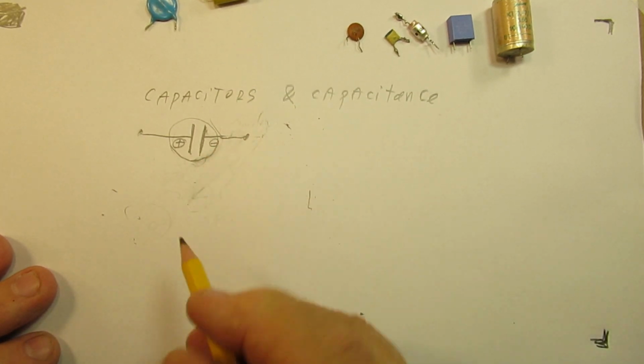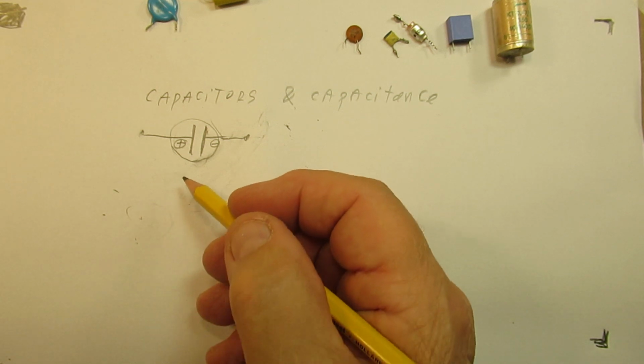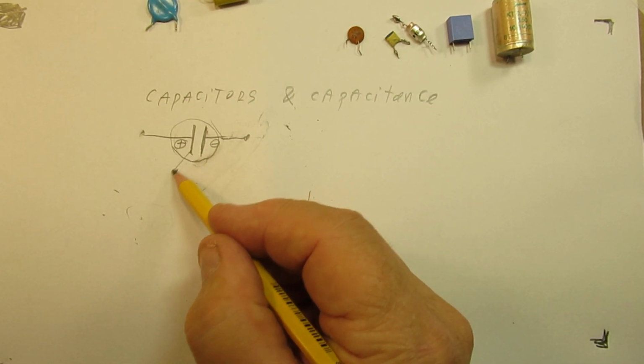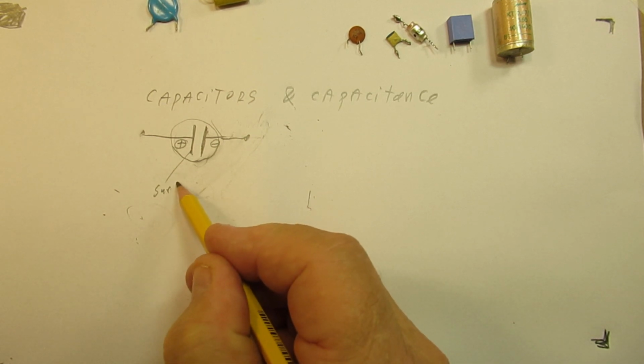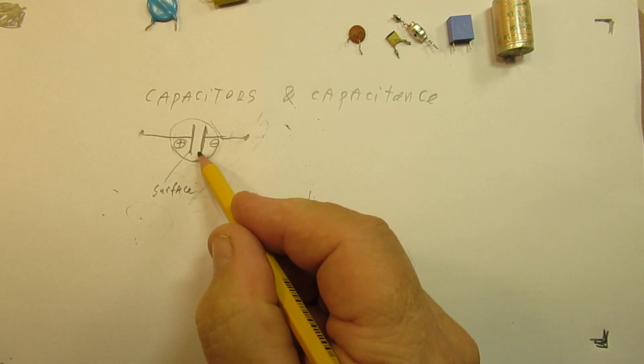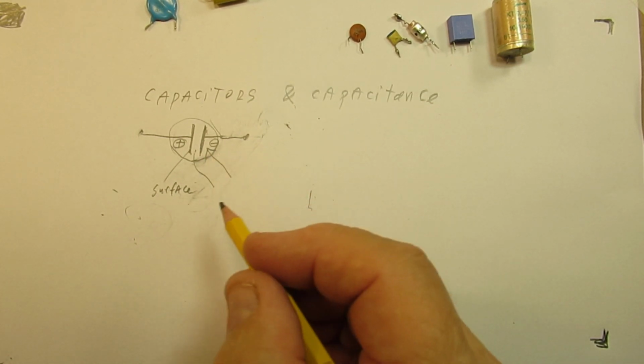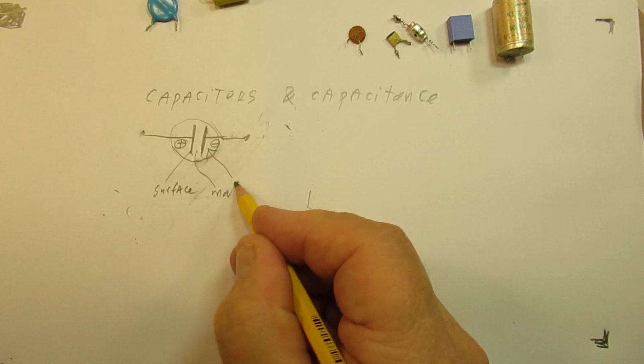The value of the capacitor is related to the surface of the plates and the distance between the two plates and the material in between.